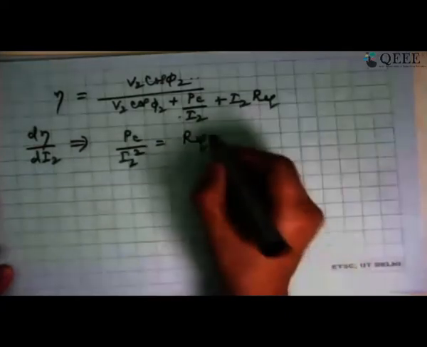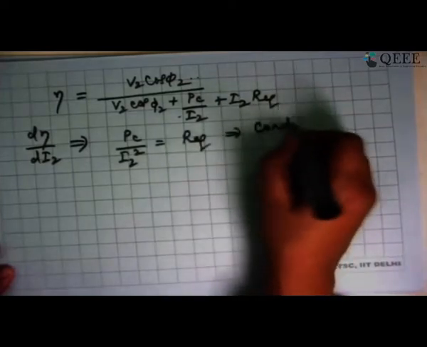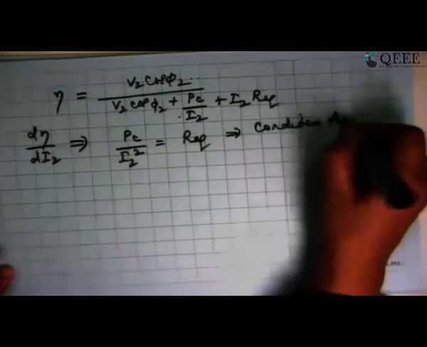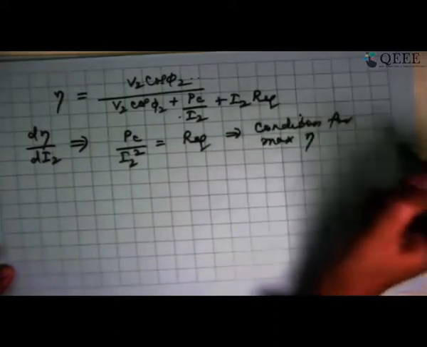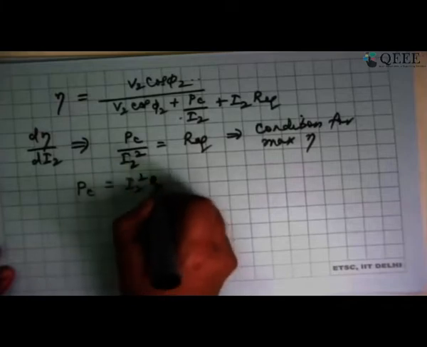This is the condition corresponding to maximum efficiency. I hope all of you are familiar with calculus, so you should be able to differentiate. It should not be a problem. So PC equal to I2 square R equivalent.